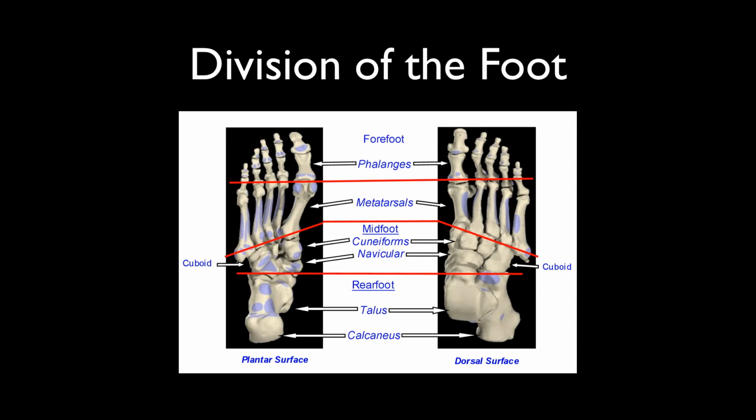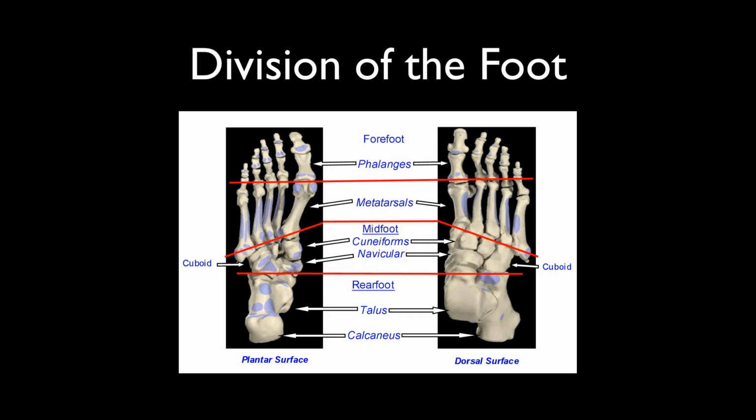The midfoot, we look at the three cuneiforms, the medial, intermediate, and the lateral. There's the navicular bone that's medial to the cuneiform, and laterally is the cuboid. You have 5 metatarsal bones, which are the long bones in the foot, and then you have the phalanges of the foot. The great toe has 2, the lesser toes 2 through 5, each have 3.